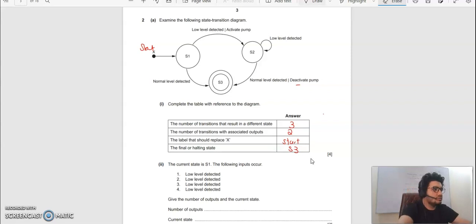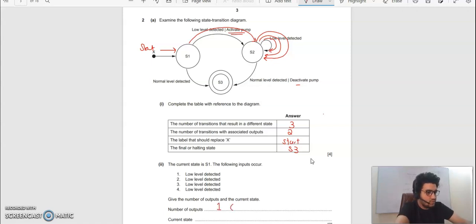So let's try to go through this. Pretty simple. If low level is detected, you will go into this particular state and it's going to cause you to activate the pump. And then again, if low level, you stay in the same one, then another low level, you stay in the same state, then another low level, you stay in the same state. So the number of outputs is going to be one, and the output is essentially going to be activate pump.